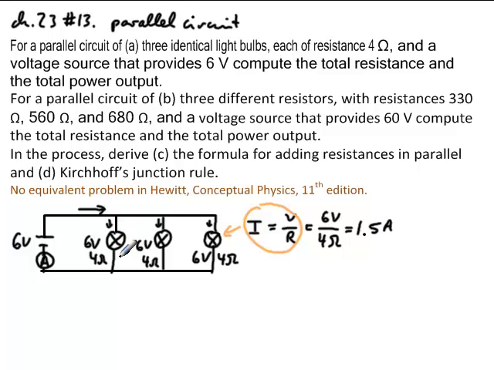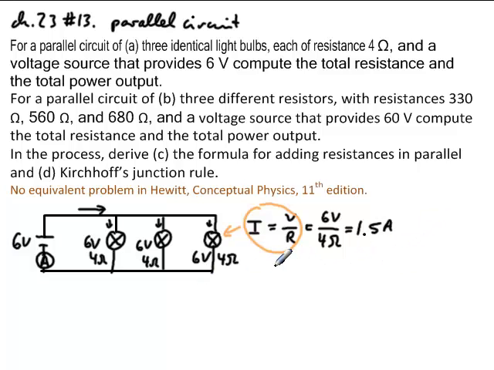Incidentally, that was the same current that was flowing through that just simple circuit from a couple of problems ago, and that means that at some point we're going to expect that each of those light bulbs in the parallel circuit has the same brightness as the single one from the simple circuit. Okay, so anyway, through each one of these here, it's 1.5 amps flowing through.